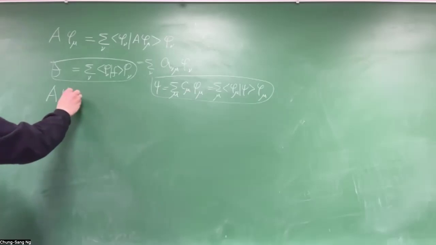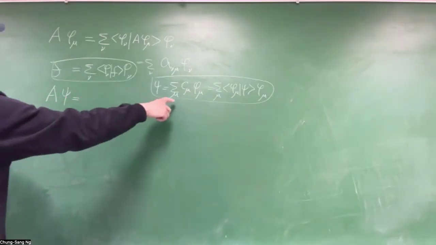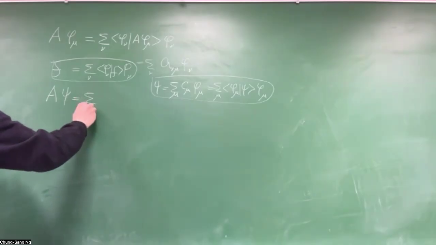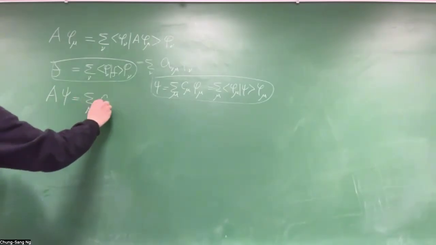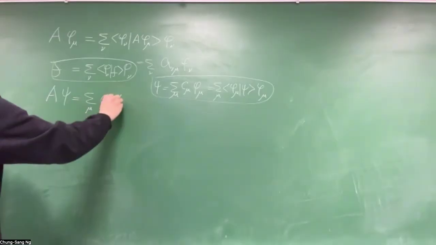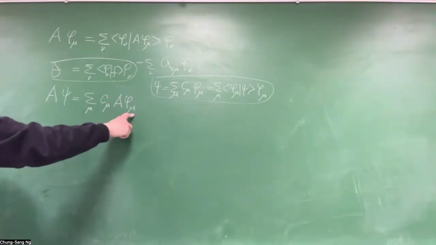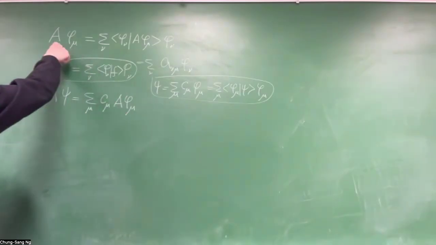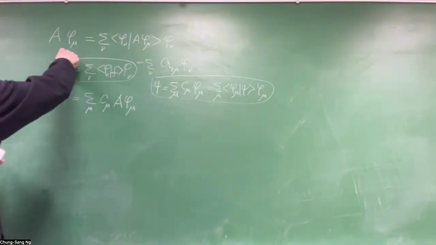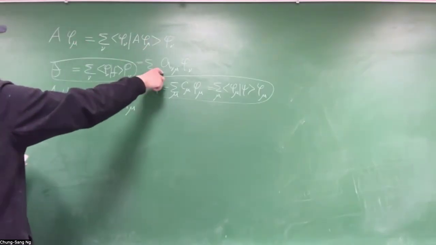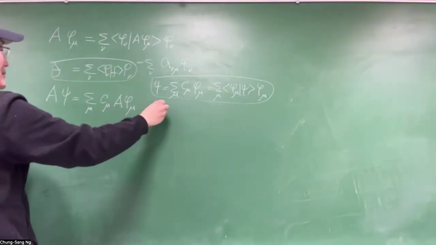So basically, we substitute this in here, with this sum over mu, C sub mu, A operating on phi mu. And now we already have this one, so we can substitute this into this.